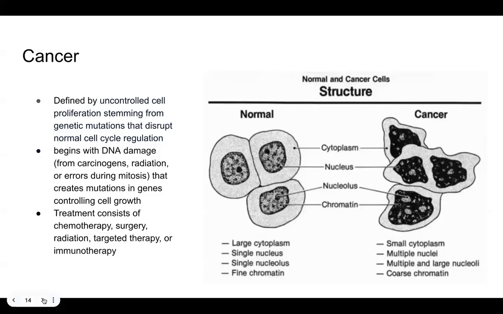As you can see in the picture on the right, there's a picture of normal cells and a picture of cancer cells. This begins with DNA damage from carcinogens, radiation, or errors during mitosis. This creates mutations in genes that control cell growth. Treatment consists of chemotherapy, surgery, radiation, targeted therapy, or immunotherapy.